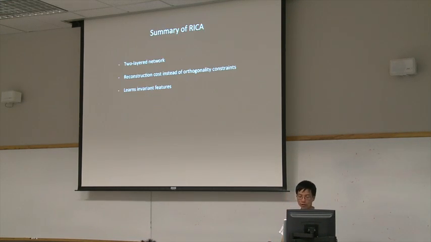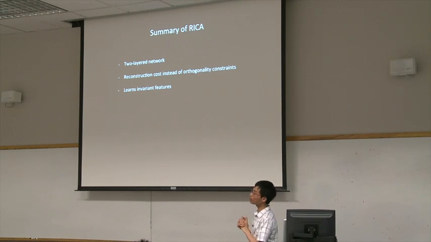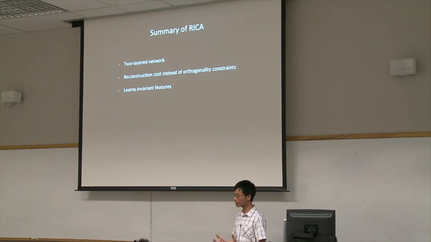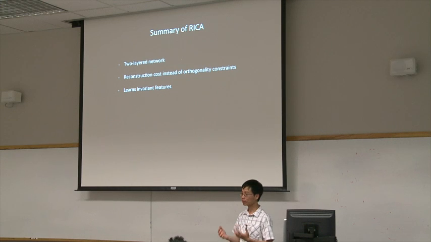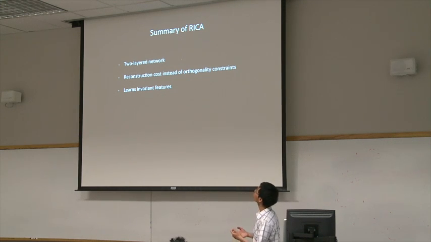So far I talked about the reconstruction ICA algorithm, and the only take-home message is that we use reconstruction cost instead of orthogonalization, so it can scale, and it can learn invariant features.